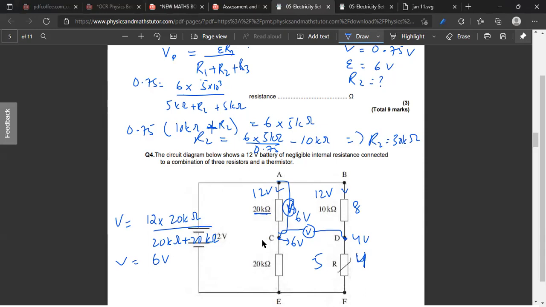So this is 6 and 6. Okay, and if you want to do it that way, that's like a sneaky way.